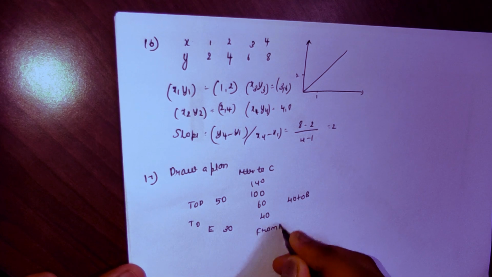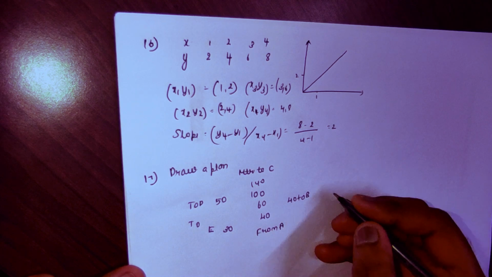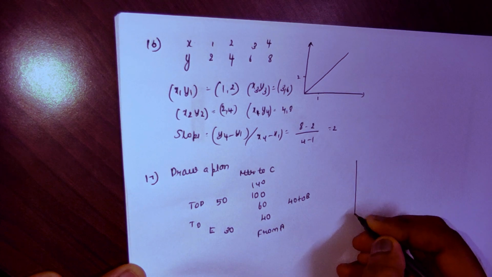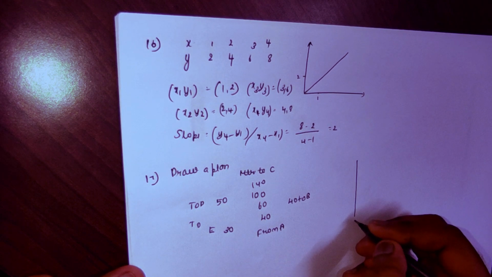This is from A. We know first from A to C, that is 140. 20 meter is equal to 1 centimeter. That scale is given in the question.